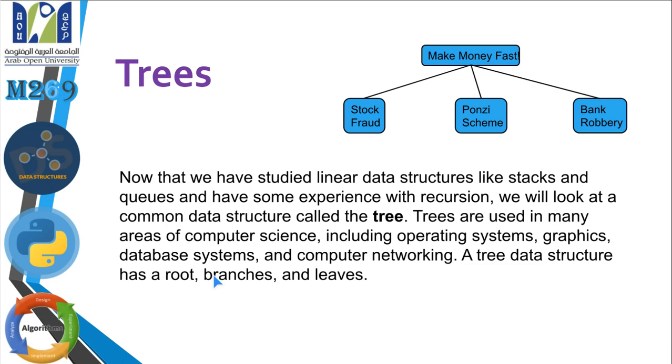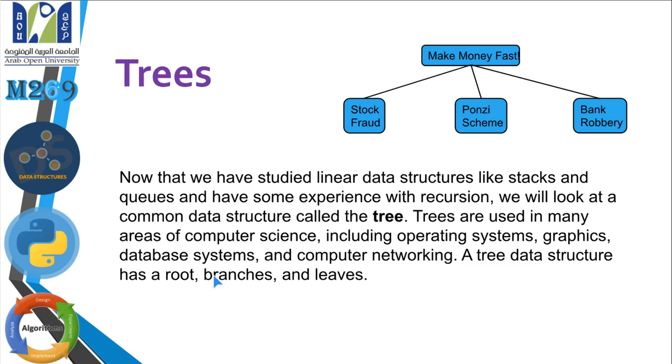Also in databases, we have this application. In databases, we have different tables which are related to each other in such an organization. In programming, you have inheritance. Inheritance is also a tree, where you have the superclass and the subclasses and so on. In computer networks, we have network topology, where we have a tree.